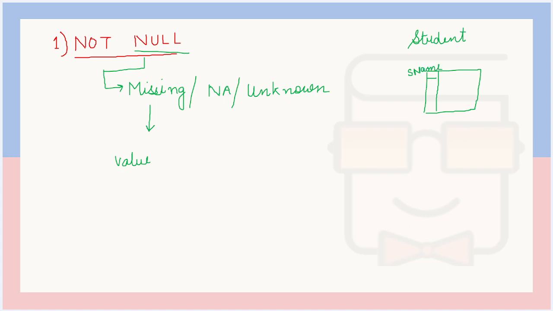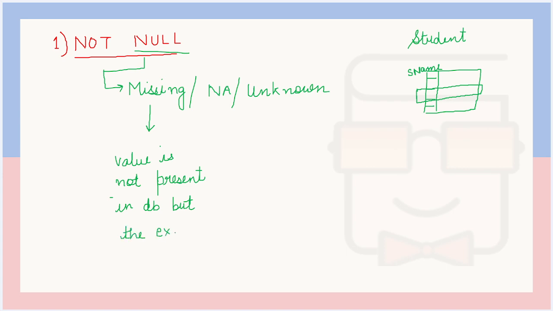Now in case we have not filled in the name of a particular student, say in row 3, there is a student whose name we have not entered. In this case the value is not present, but the value exists, because there will be no student who has not been given a name by his or her parents.